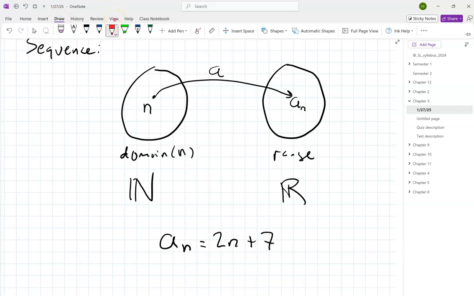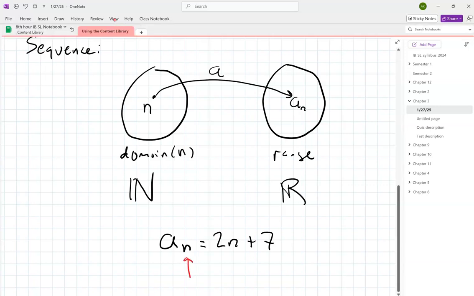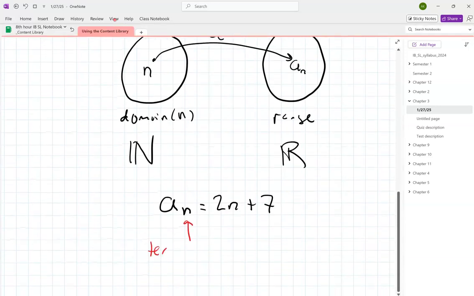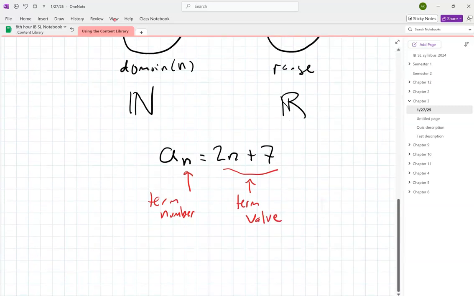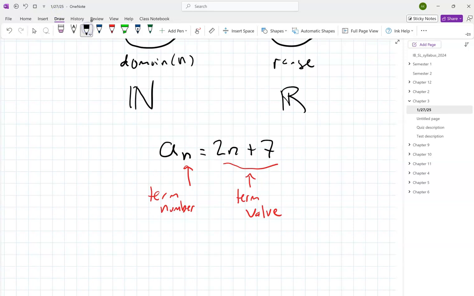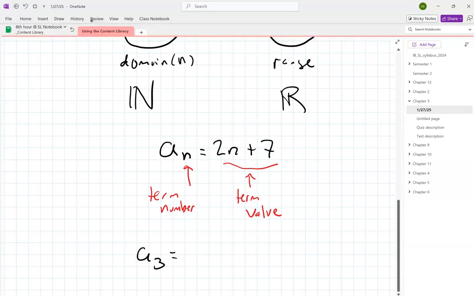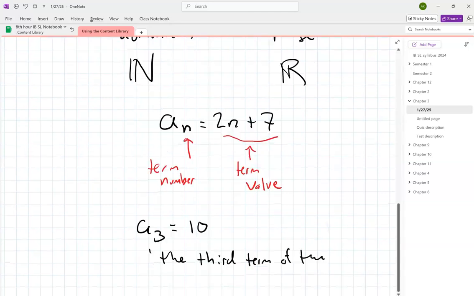Now, the independent variable has a name. We call that the term number. And the output, the range, has a name. We call that the term value. So, for example, if we write a sub 3 is equal to 10, we'd say the third term of the sequence is 10.